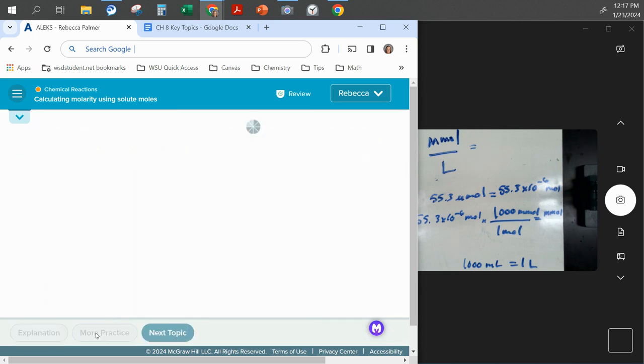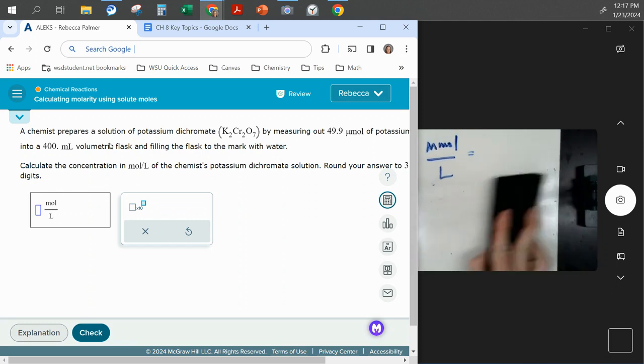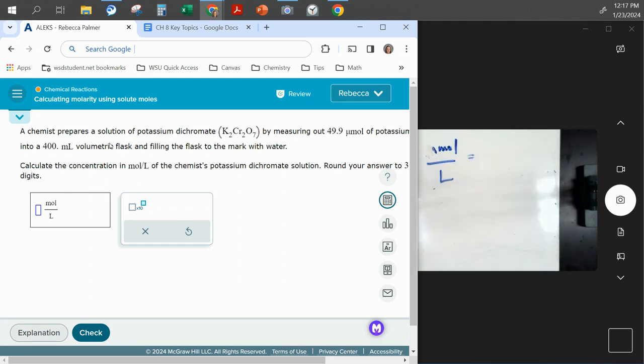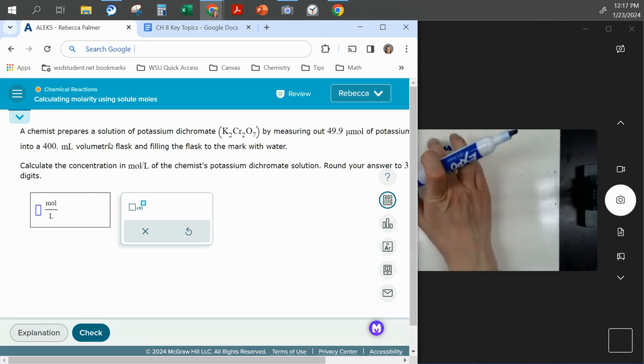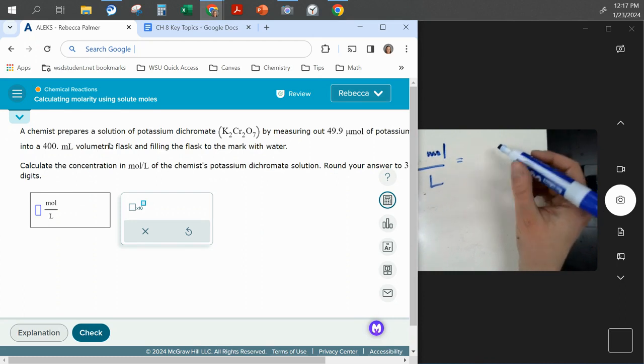Okay, let's do one more. This one's looking for moles per liter. We have micromoles and milliliters. So let's write down what we need to find here. We're looking for just moles, and we have micromoles.